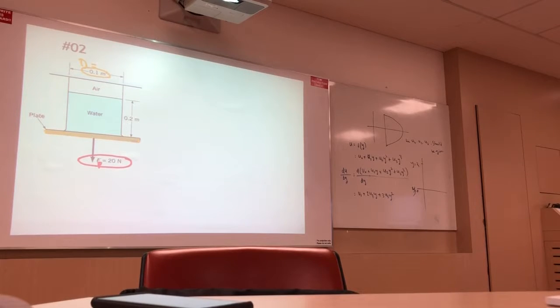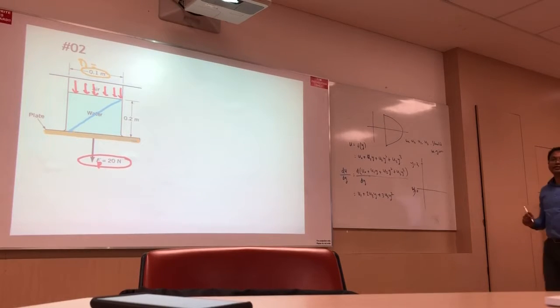Here is the air pressure, and the water pressure is rho g h. How does it vary? At the top the water pressure is the lowest, at the bottom it is the highest. Can I draw it like this, magnitude wise?